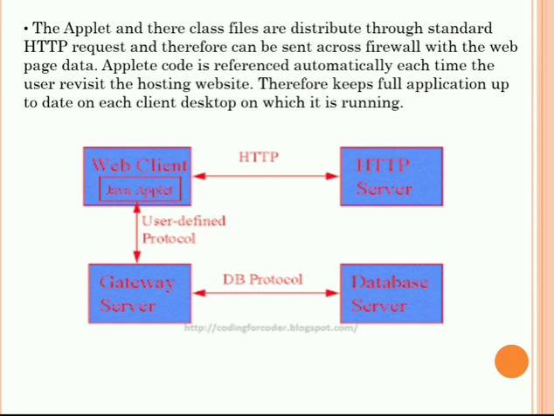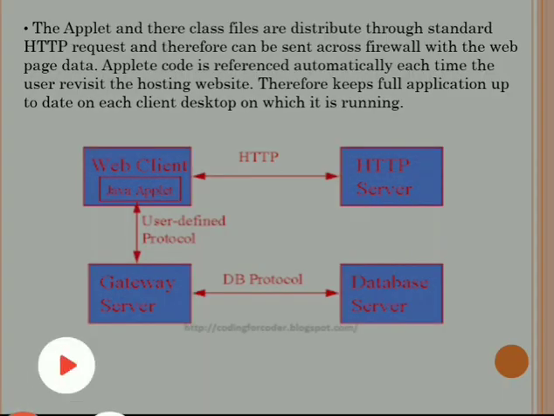The applet and these class files are distributed through standard HTTP requests. A Java file is saved with .java, then it is compiled and saved as a class file, the .class file, and it is distributed through standard HTTP request, and therefore can be sent across the firewall with the web page data.